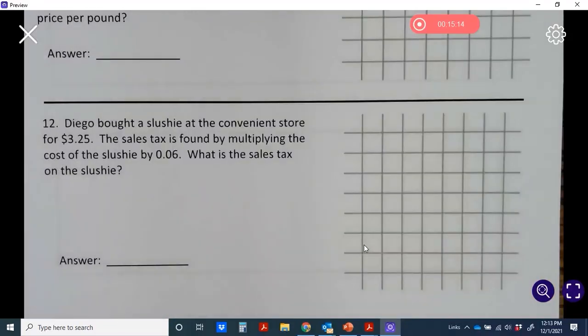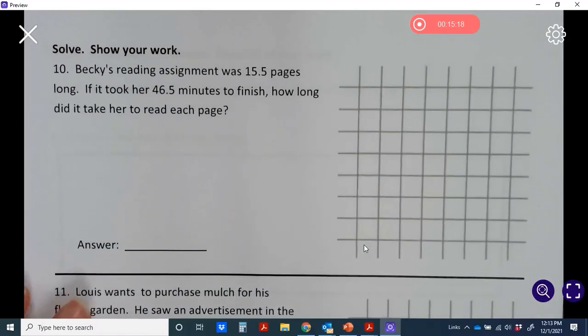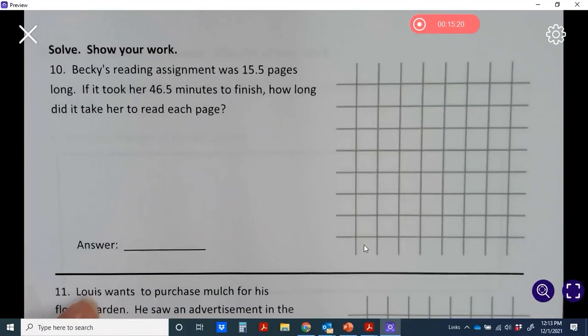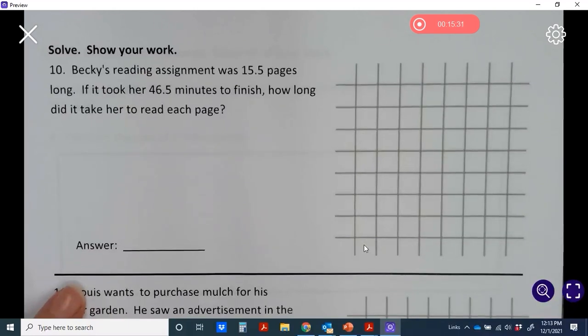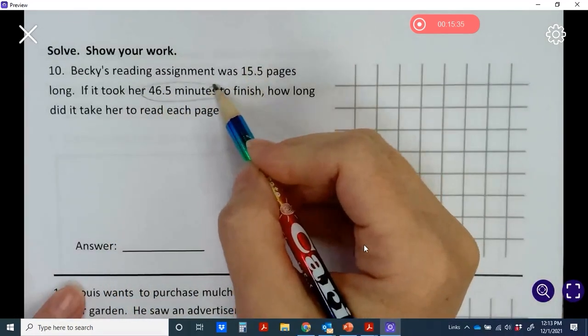All right, question number 10. Becky's reading assignment was 15.5 pages long. If it took her 46.5 minutes to finish, how long did it take her to read each page? So we have to take the time and divide it by the pages.